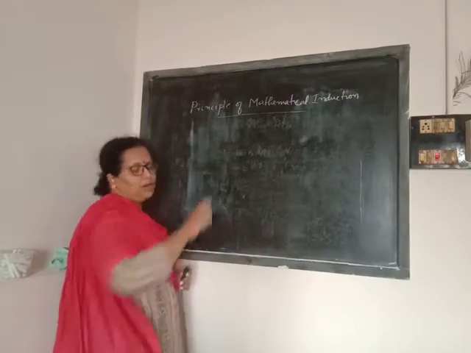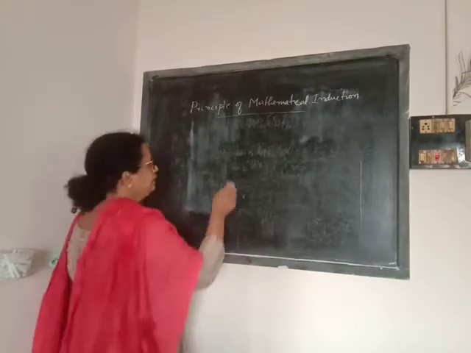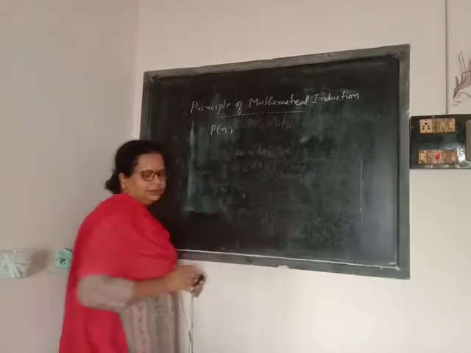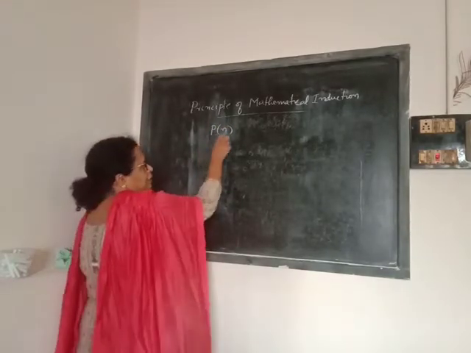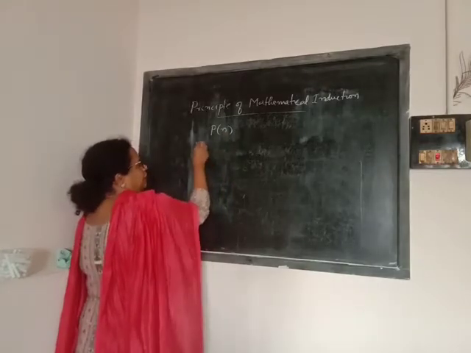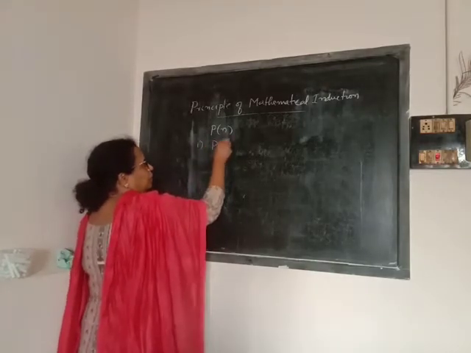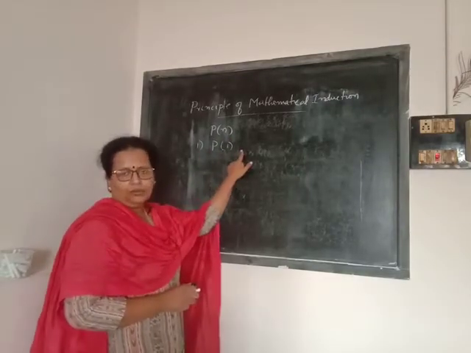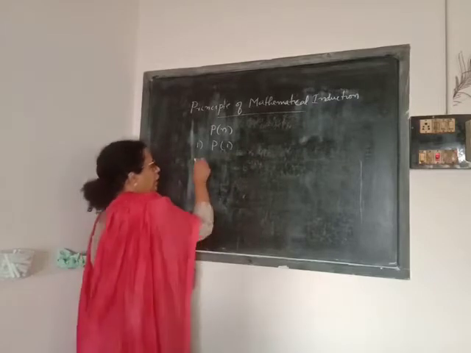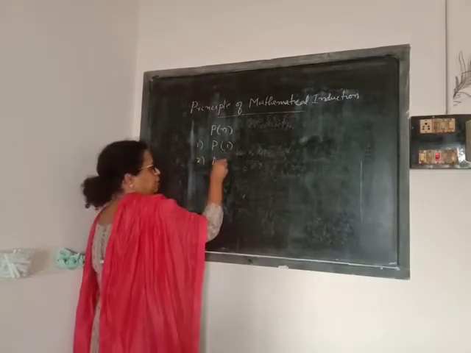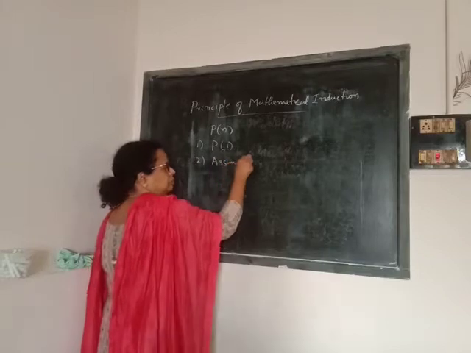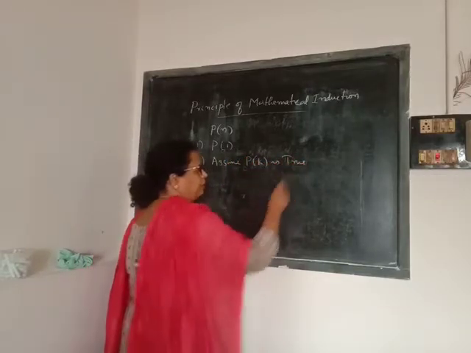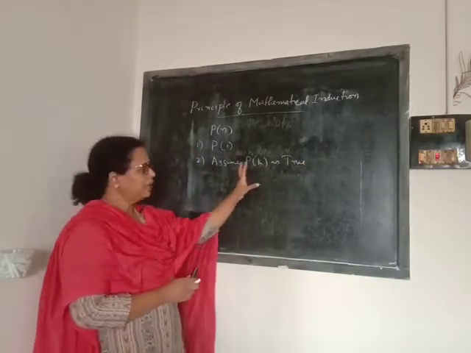What is the principle, or how to do it? The given statement will be given as P of n. First we will prove it true for P of 1, which means we prove the result for the first case, or for n equal to 1. Now the second step is assume P of k is true. Means we are assuming that for some case it is true.